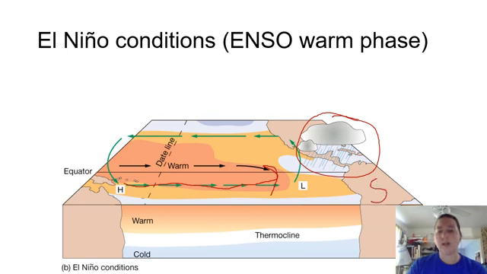So instead of this being cold water that's coming up that's full of nutrients for the food web, it's actually pushing that warmer water that's kind of been spent basically as it moves across the equator. The nutrients that were in it have been spent.